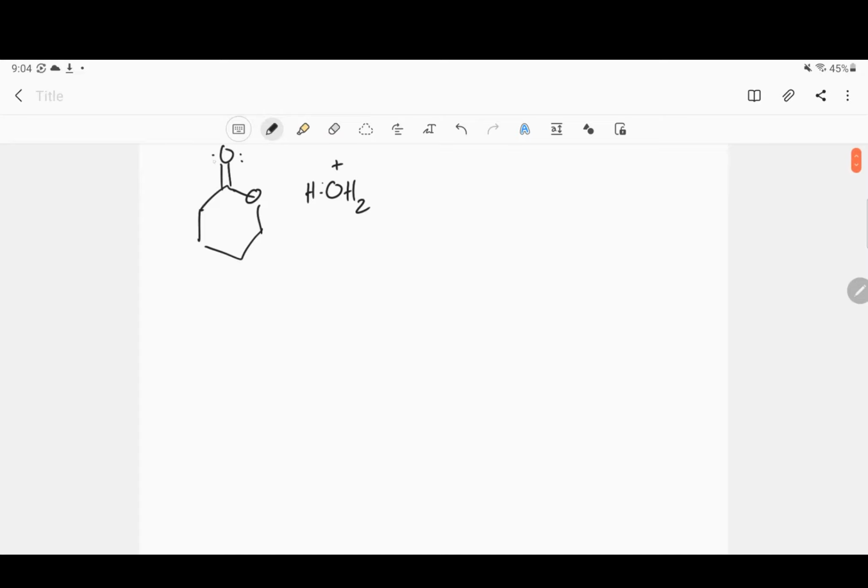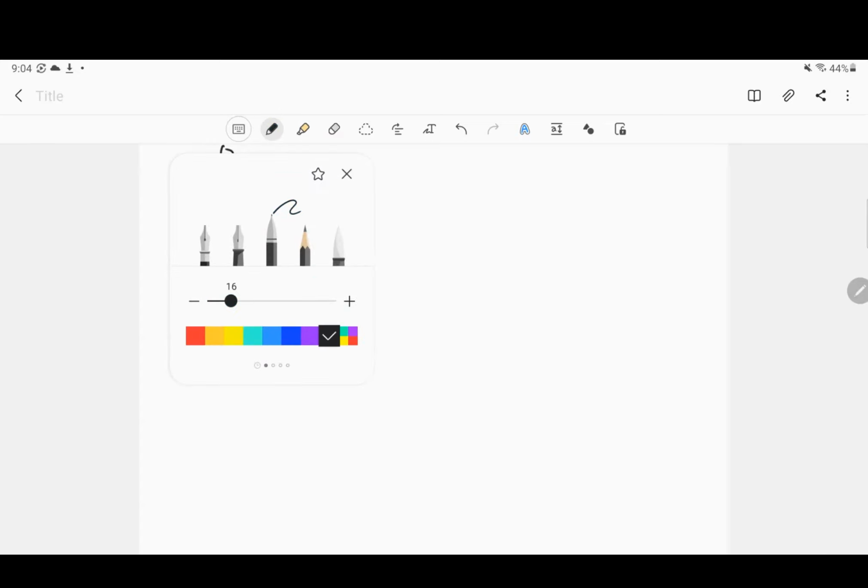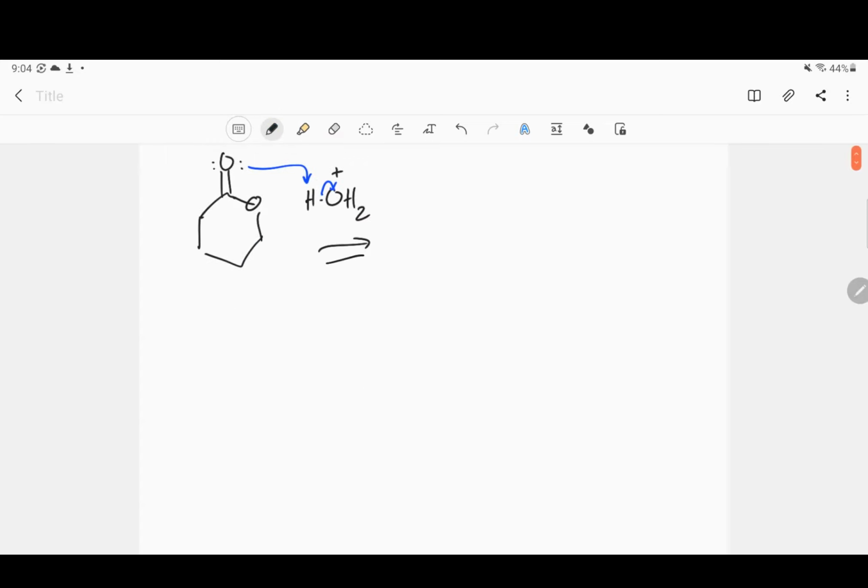So we're going to protonate our ester. Protonate that. So we end up protonating our carbonyl. And this again should be an oxygen there, but I'm being lazy.